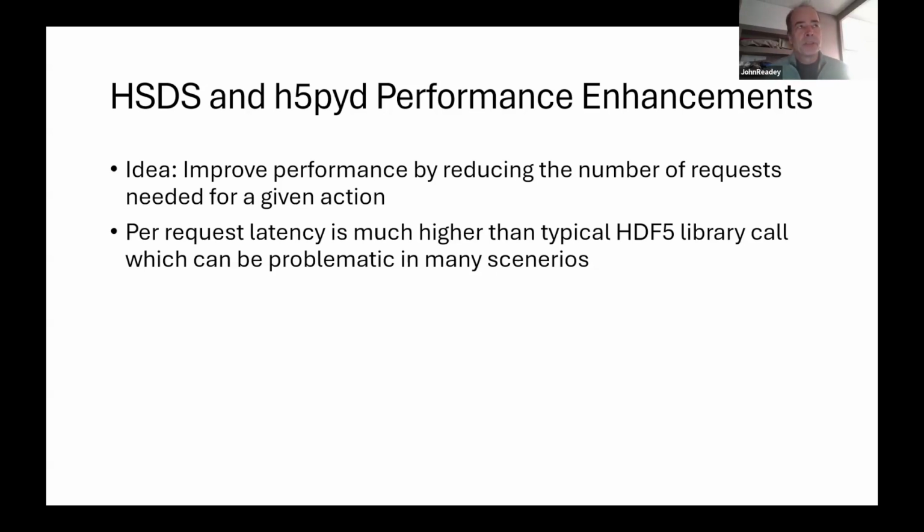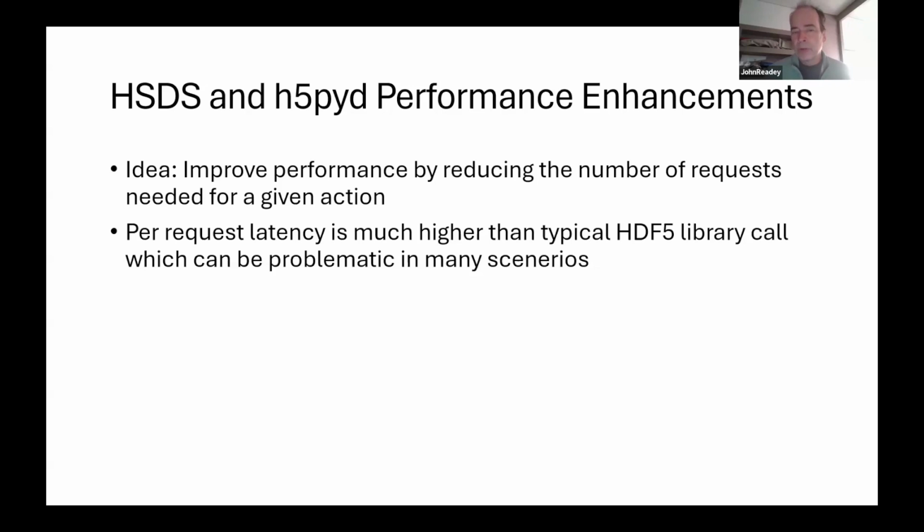HSDS was originally targeted at files that contain very large datasets. The advantage of HSDS, for example, if you are doing a selection of, say, one column of a large two-dimensional dataset, is that the processing to retrieve all the chunks that intersect with that selection happens server side, and only the actual selection that the user wants comes down the network.